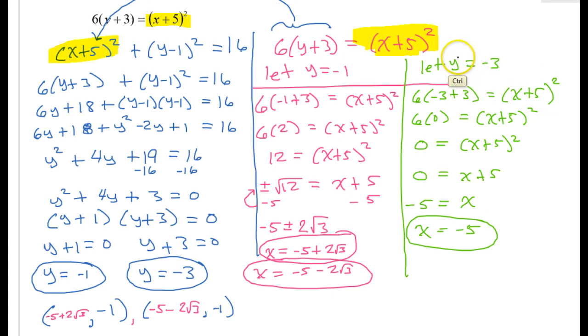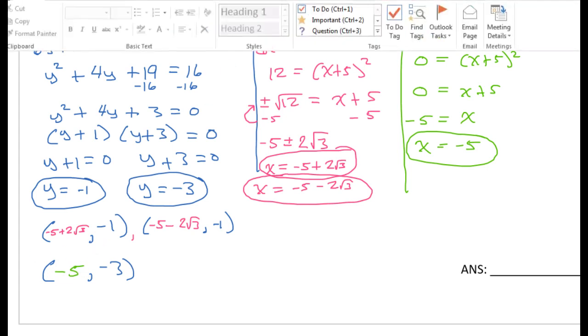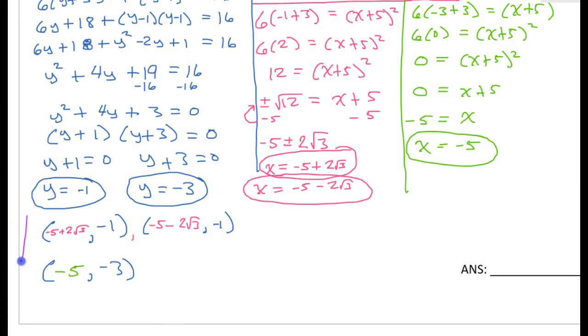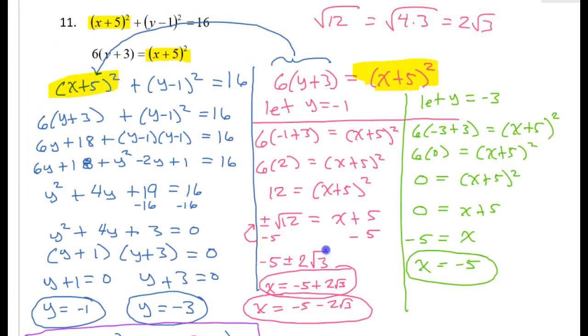Okay, so when the y value is -3, the x value is -5. So that means we have -5 comma -3. So these are the three solutions to the system. Okay, so that is it for problem number 11.